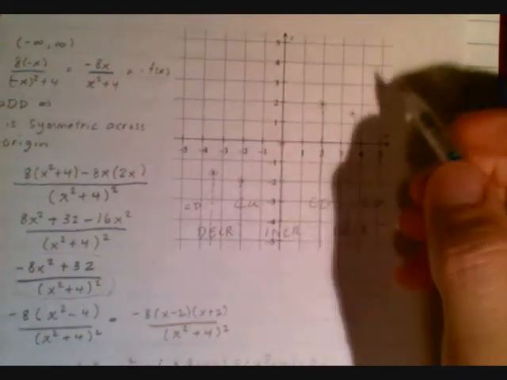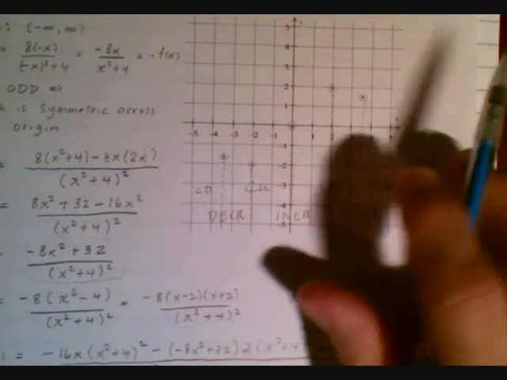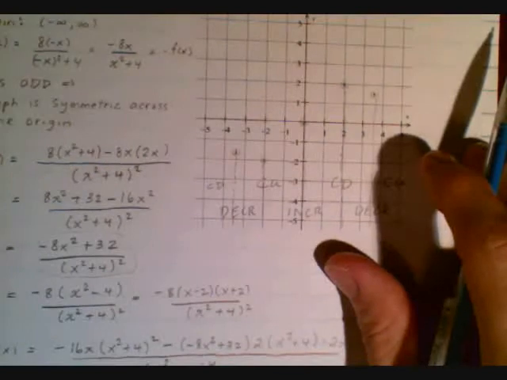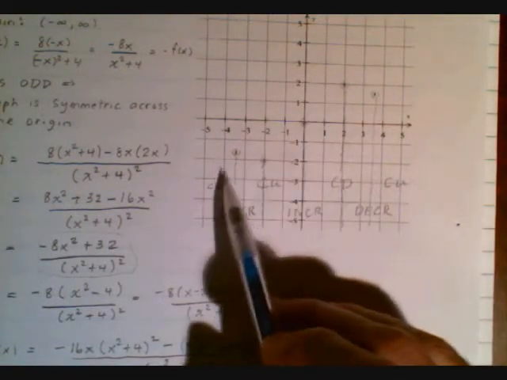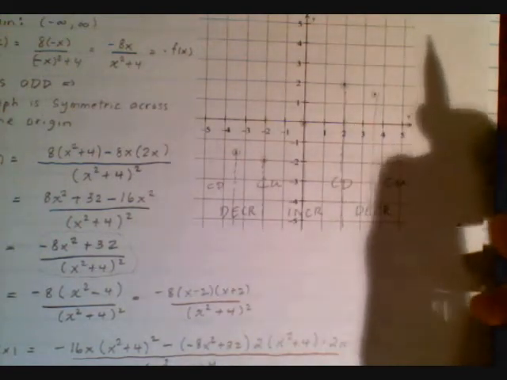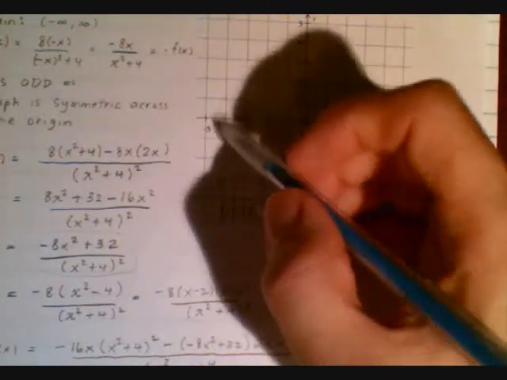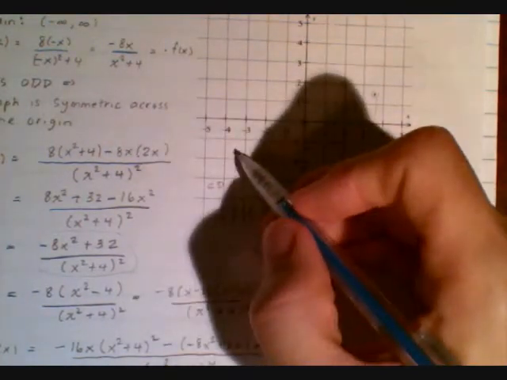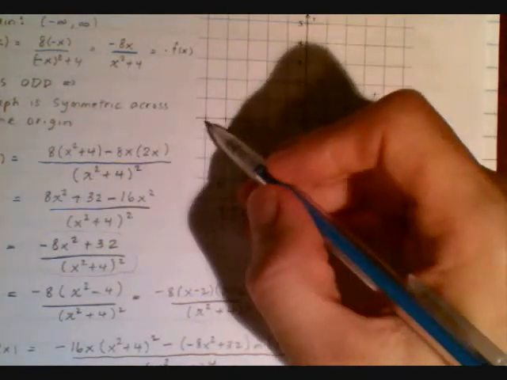So I need to connect these points together. I need to make sure that the graph approaches its asymptote. And I need to connect the points in such a way that the graph has the right concavity and it's increasing and decreasing where it's supposed to be. So from minus infinity to minus 2 square root of 3, the graph is concave down and decreasing.